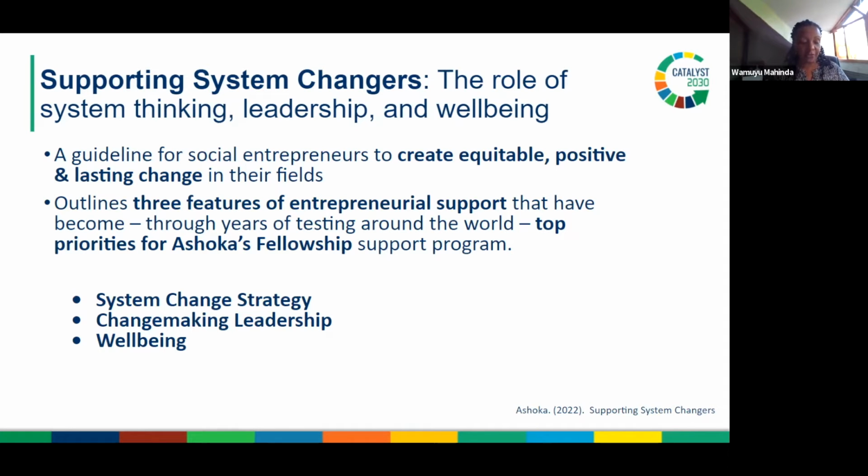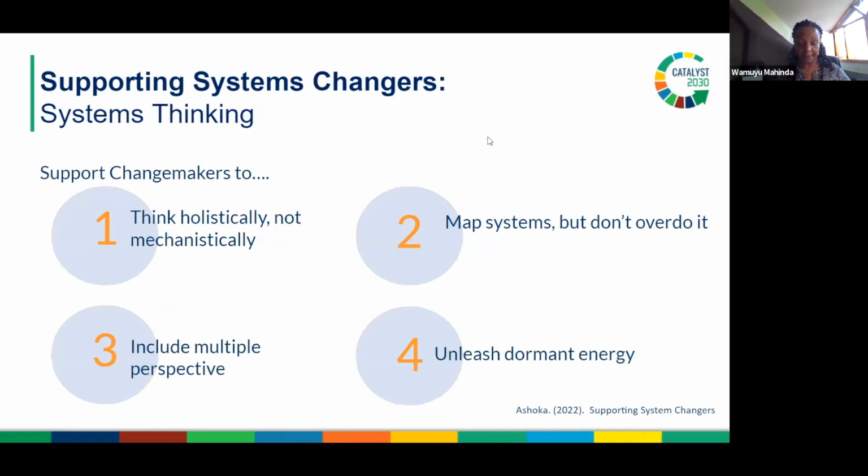It outlines three elements of systems change: systems change strategy, change-making leadership, and well-being. Highly impactful social entrepreneurs develop solutions that address systems, not symptoms.